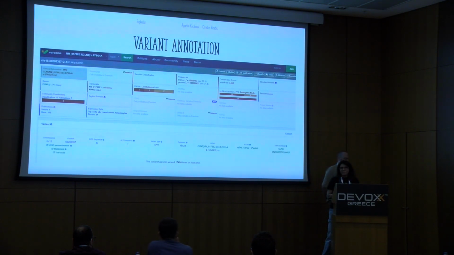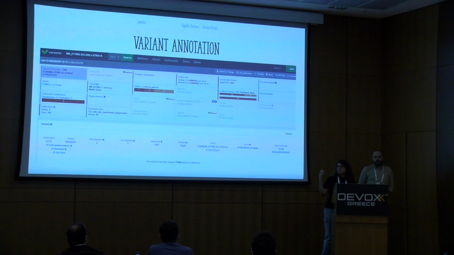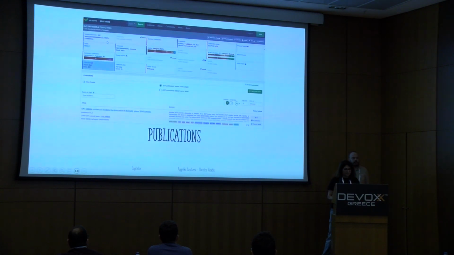So this means we have literally millions of publications, and we also get similar input occasionally from users. For example, a researcher might be studying something, and they point us to the direction of new research that we weren't aware of, so we add it. So as you can see on the left here, for this variant, we have found 84 contributions from our users.